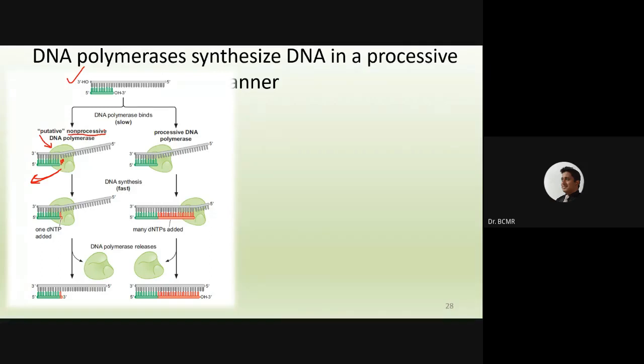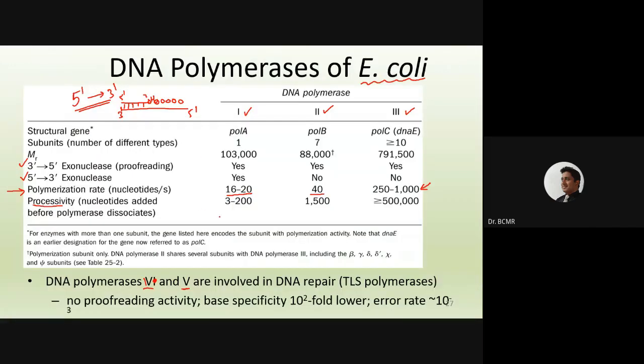Processivity is the number of subunits it can add before it dissociates from the substrate. Whereas a DNA polymerase that is highly processive can add thousands of bases before it dissociates from the primer template junction. Now I want you to compare the processivity of these 3 DNA polymerases.